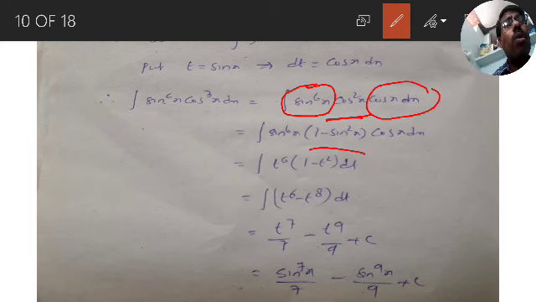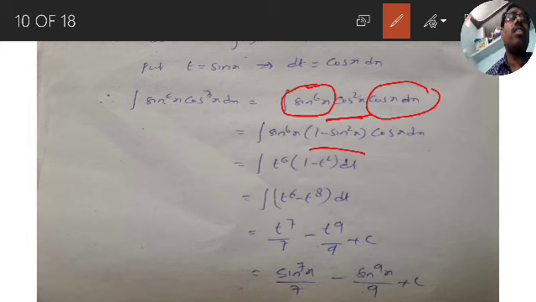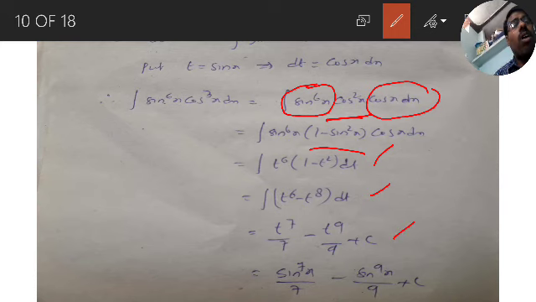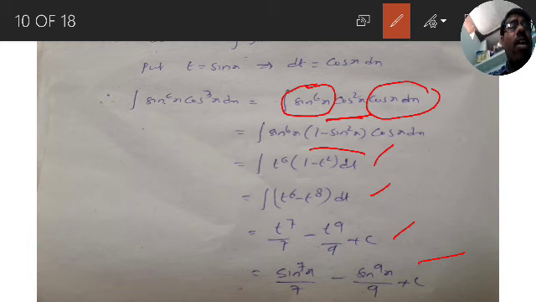In the previous problem also, we wrote sin square as 1 minus cos square, because there t is equal to cos x, but here t is equal to sin x. Therefore cos square can be written in terms of sin, and substituting the t terms, you get the answer. So the answer is sin power 7x by 7 minus sin power 9x by 9 plus c.